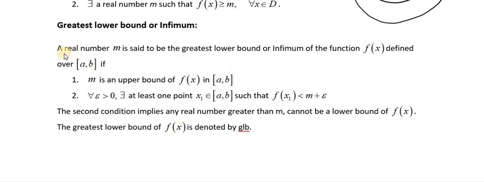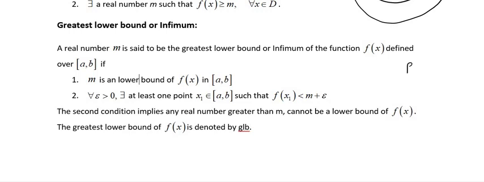So a real number small m is said to be greatest lower bound or infimum of the function f of x defined over closed interval a comma b if first point is this real number m is lower bound of f of x in closed interval a comma b.